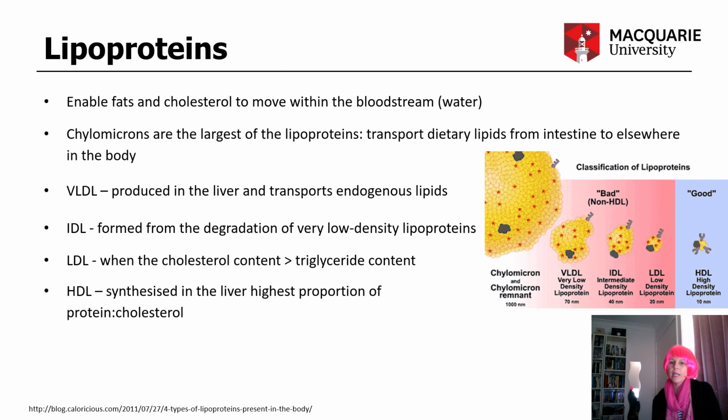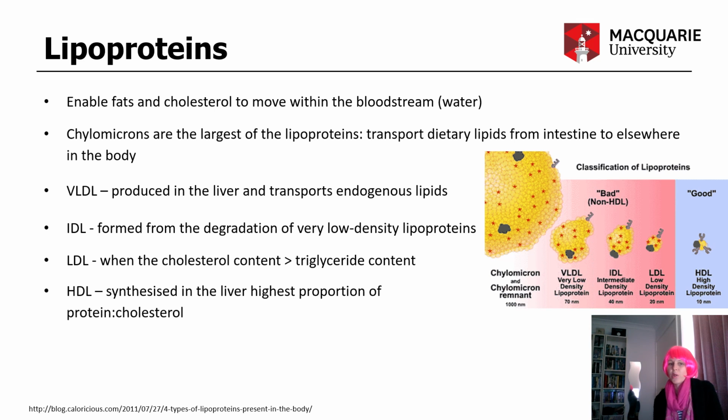You then have your intermediate density lipoproteins, so your IDLs, and they form from the degradation of the VLDL. So as you unpack your fats from inside these lipoproteins, they shrink in size. And so you can go from a VLDL to an IDL if you're transporting fats to places in the body that might be able to metabolize it.